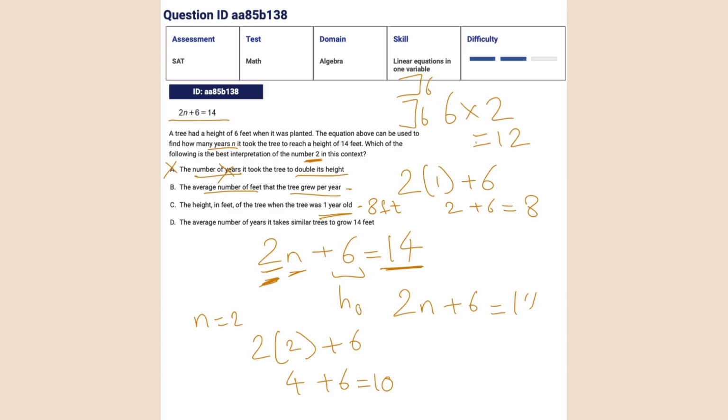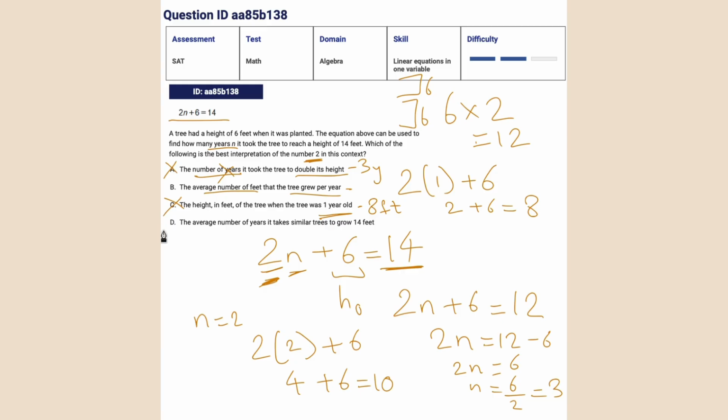So 2n equals 12 minus 6. 2n equals 6. n equals 6 divided by 2, which is equal to 3. So this is 3 years. Okay, so not option C.